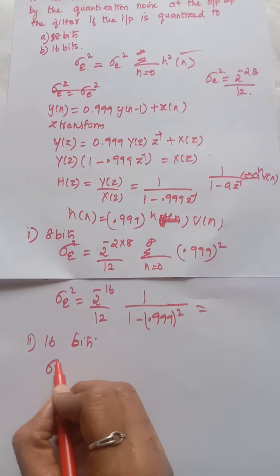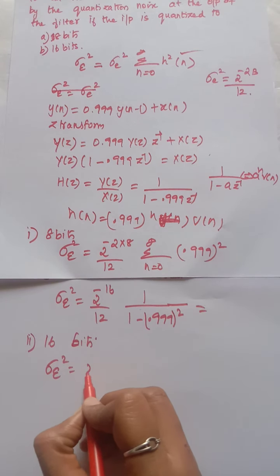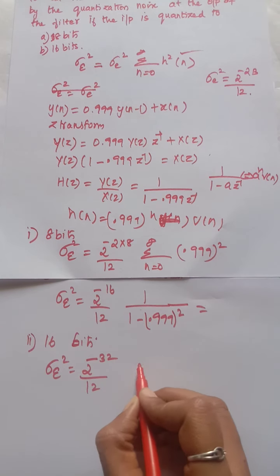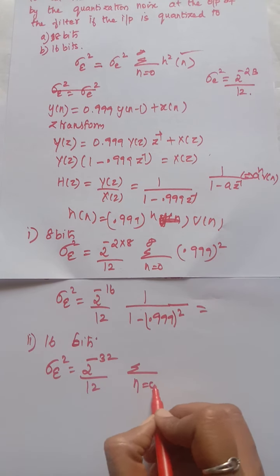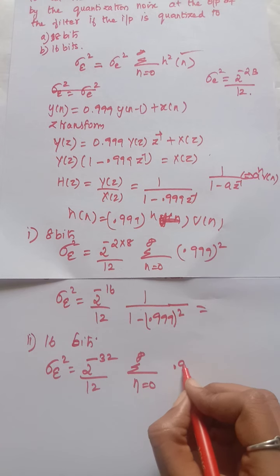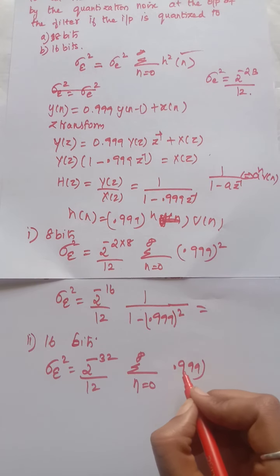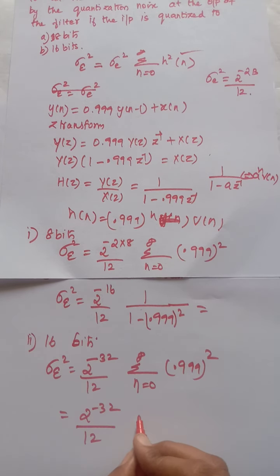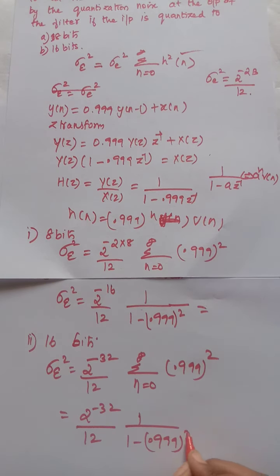Now do it for 16 bits. What you get is 2 power minus 32 divided by 12, into the summation n equal to 0 to infinity of 0.999 whole square, which gives 2 power minus 32 by 12 times 1 by 1 minus 0.999 the whole square. So simplify and find the answer.